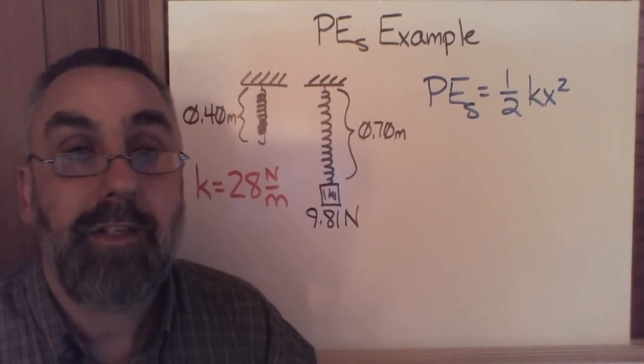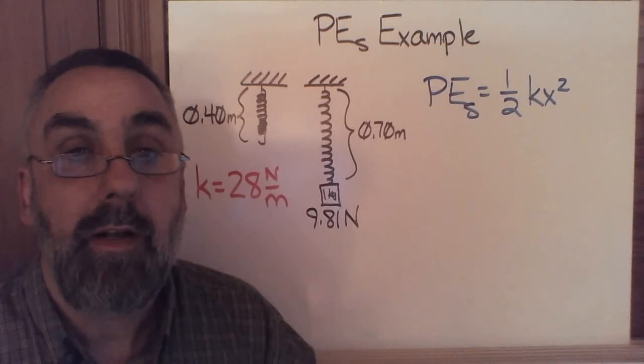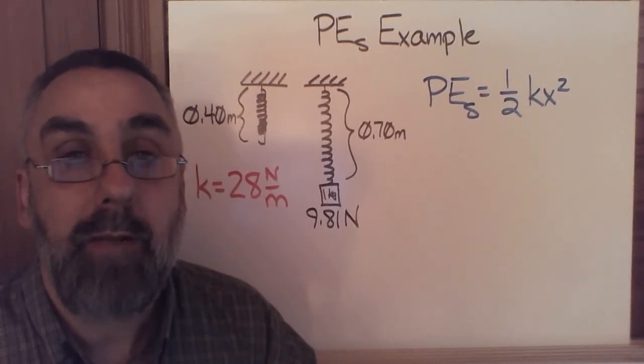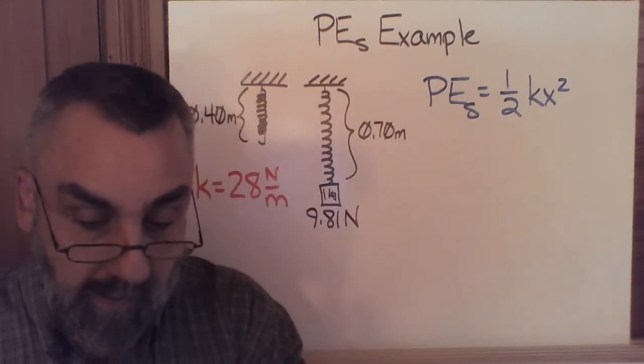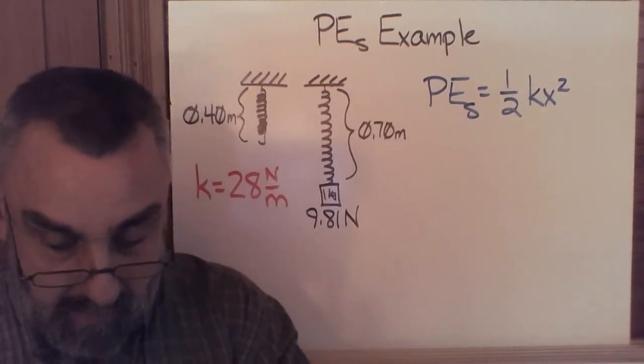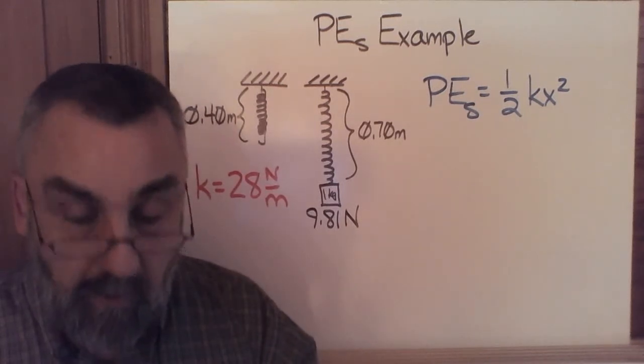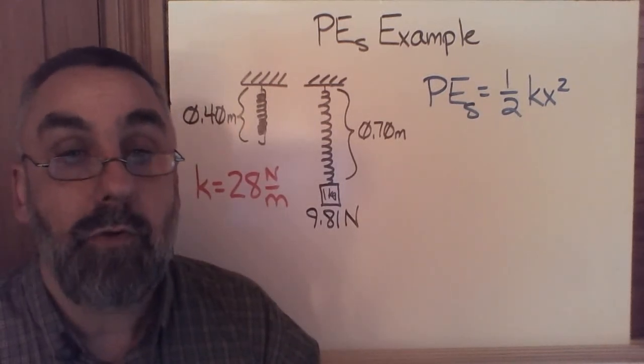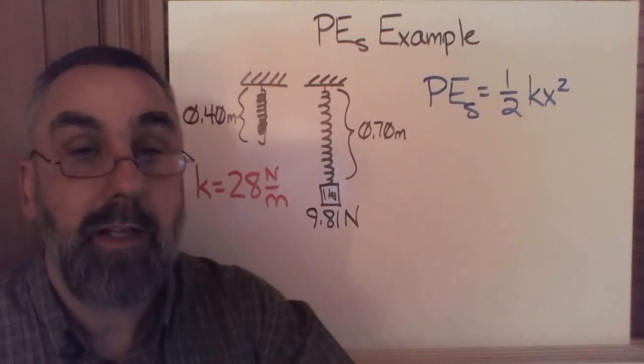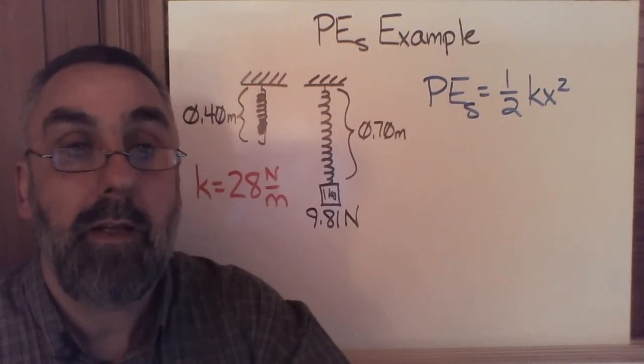And then X is the change in length between 0.4 and 0.7. So it's 1/2 times 28 times 0.3 meters quantity squared. And when we multiply that all together, the last line you can put potential energy of the spring is 1.26 joules. We'll pick up with other examples of this, and I'll show you the derivations from the work formula in class.